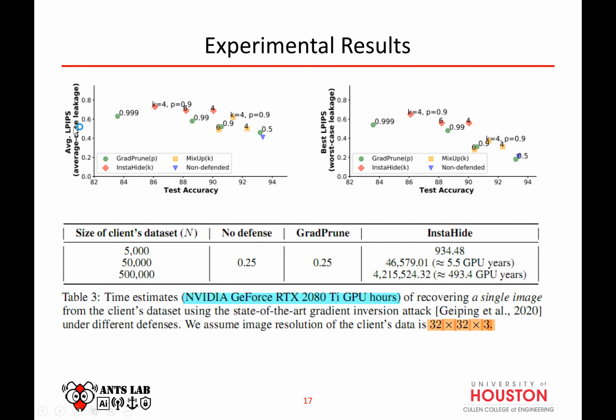Okay, average means how is that similarity measured? What's the metric for that similarity? Do you do a pixel to pixel comparison, or any kind of classification results comparison? I think it's a pixel comparison, and average means the metric averaged over the batch, and the worst case means the worst one in the batch.